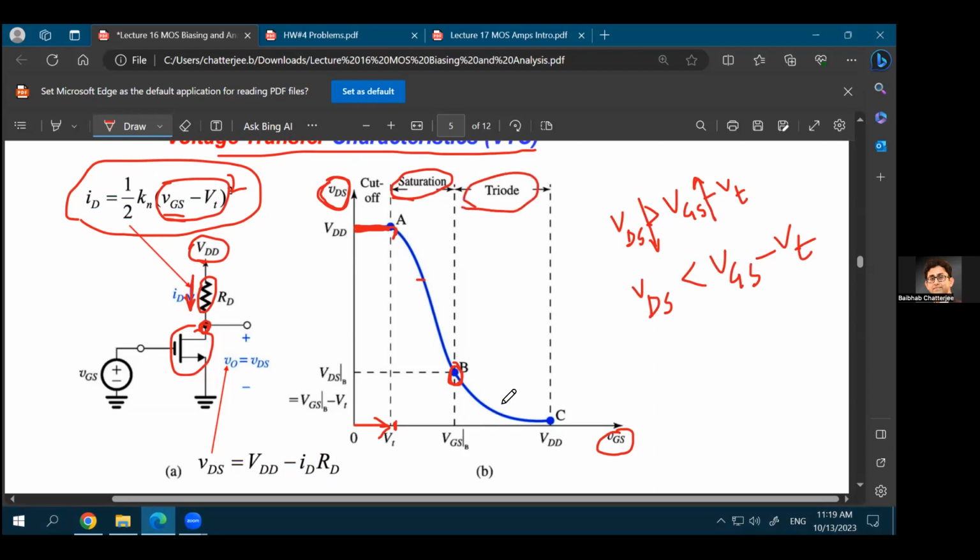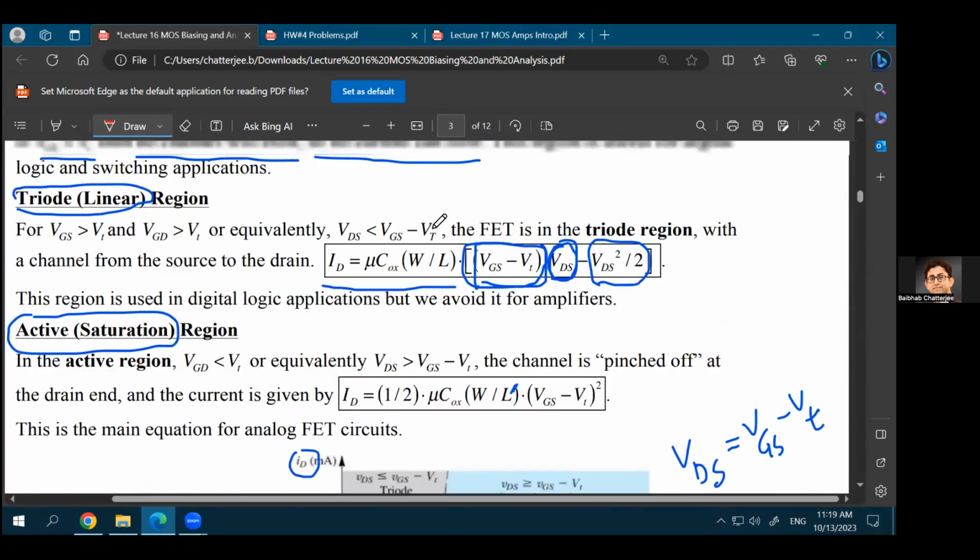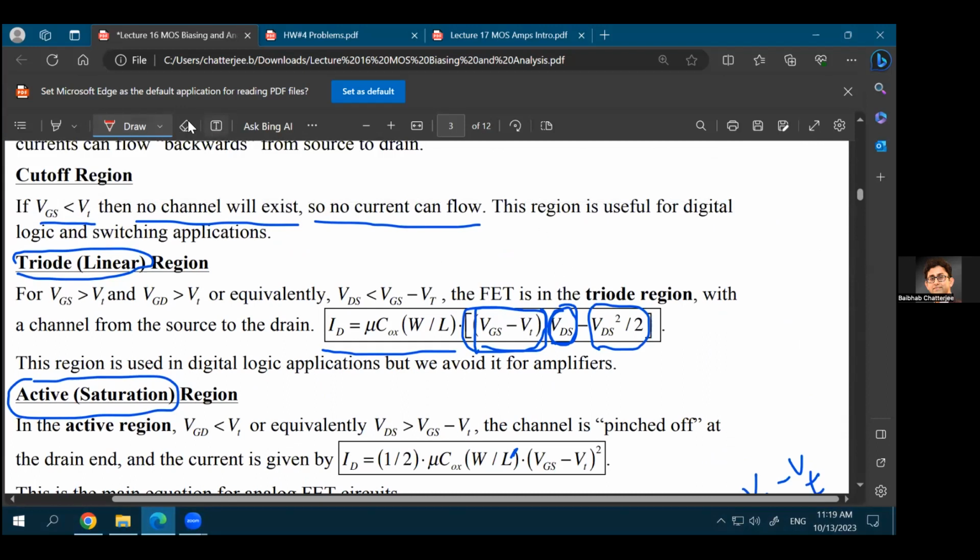And in triode region, you do not have that sharp increase in current as a function of VGS. Remember, what is the equation of your triode region? If you go back here, the equation for your triode region looks like this, correct? So it is not a sharp function of VGS. It's just a linear function of VGS. In the saturation region, it was a squared function of VGS. It was VGS minus VT whole squared. In this case, the squared term is not there.